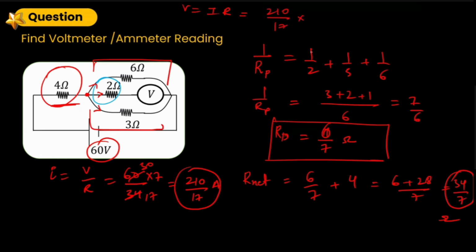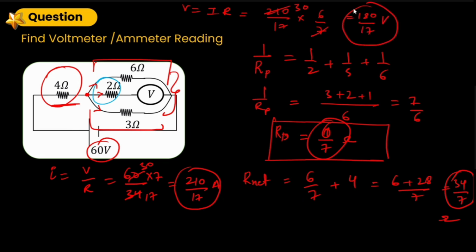But what is the net resistance of these three resistors? It is 6 by 7, which you already found. So we just multiply it. We solve it, we'll get 30 into 6, that is 180 by 17 volts. So this much potential must be there. So the potential across these 2 ohm resistors is also 180 by 17 volts.